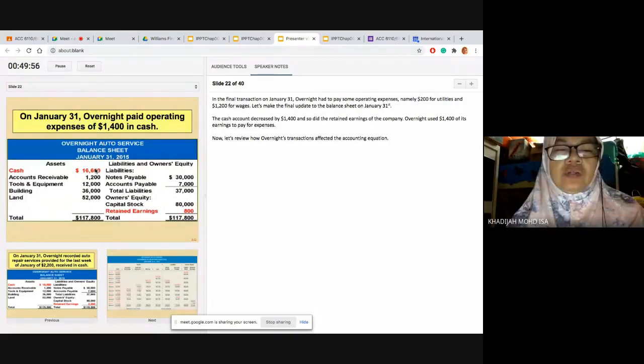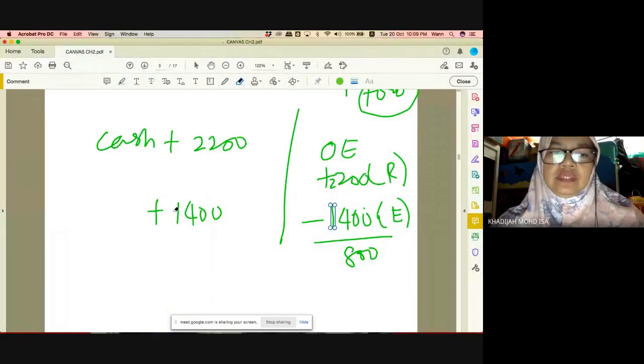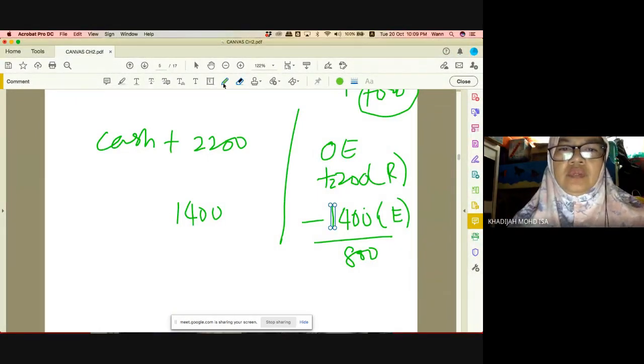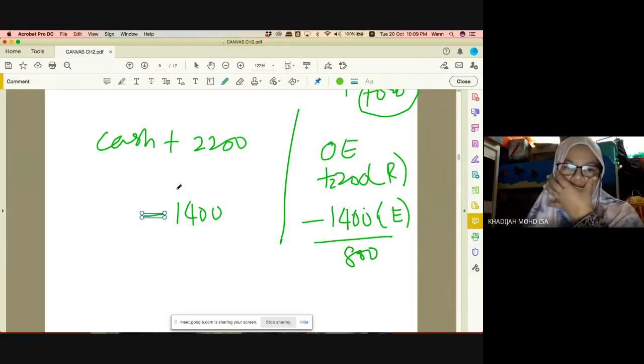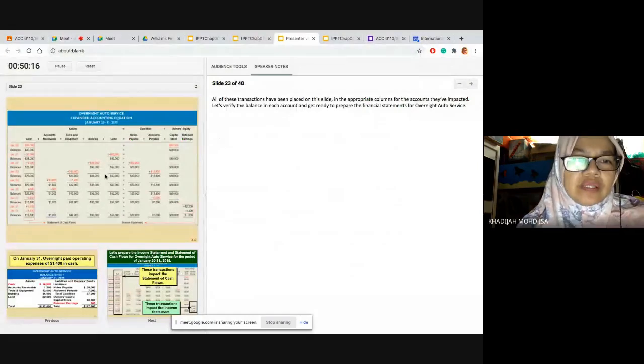Cash. Oh, sorry. Tolak 1,400. Minus. Thank you. Very good. Because you pay. Yes. Pay minus. Okay. So the next page tell about the movement of all the accounts lah.